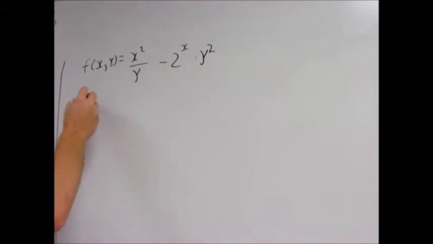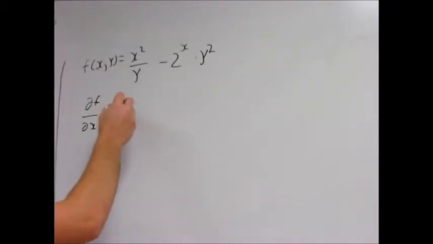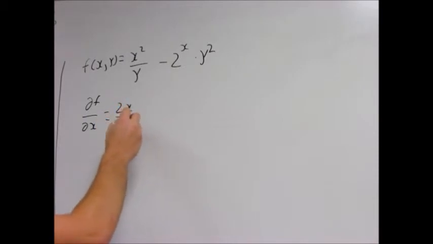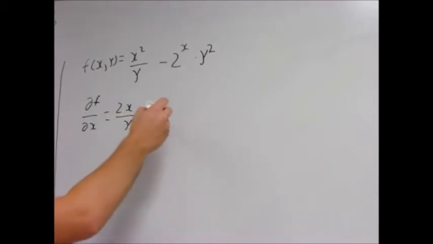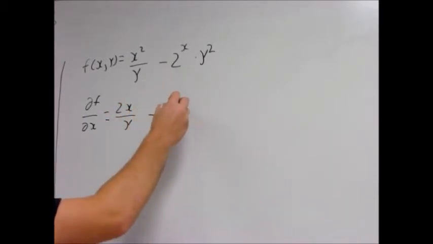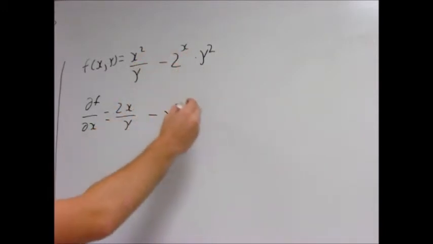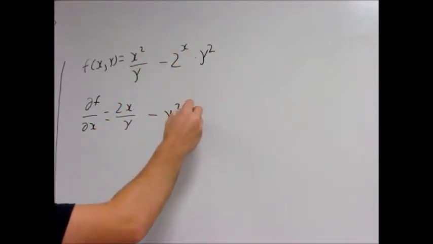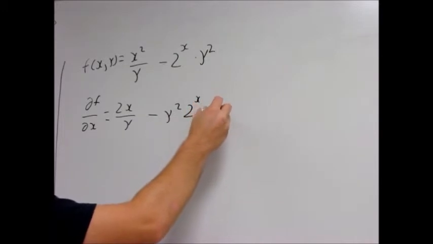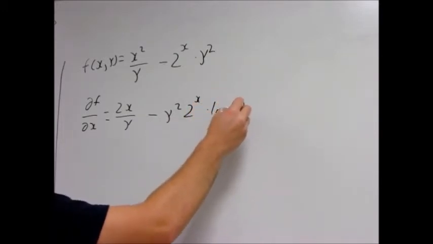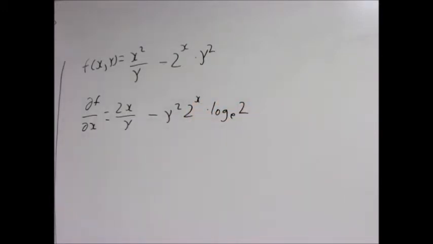And now the partial derivative with respect to x, well, what will that be? So with the x, this becomes 2x over y minus, which is a constant, y squared. Derivative of 2 to the x, if you remember your rules, is 2 to the x times natural log of 2, log base e.